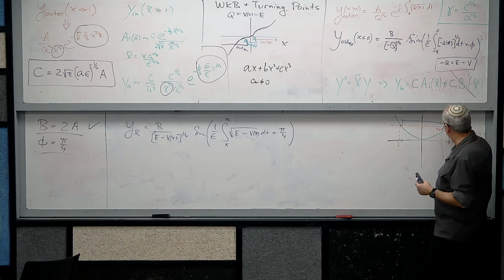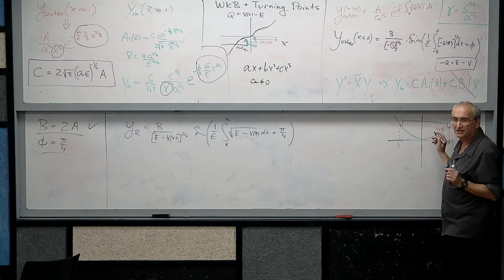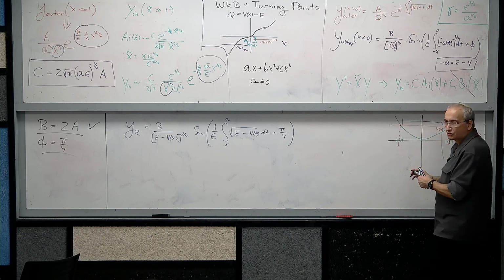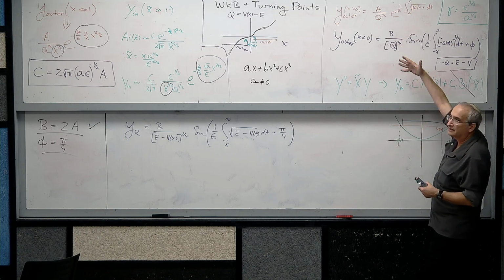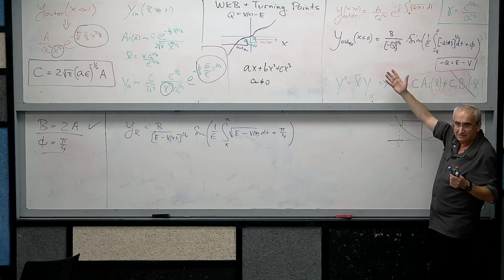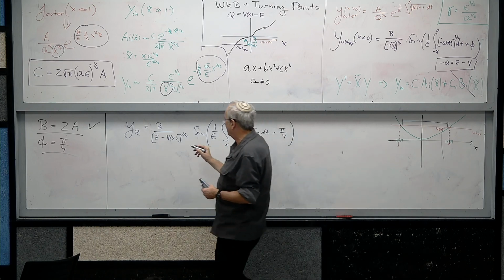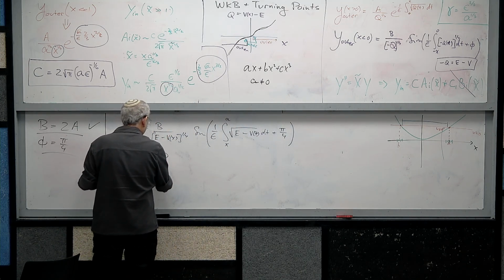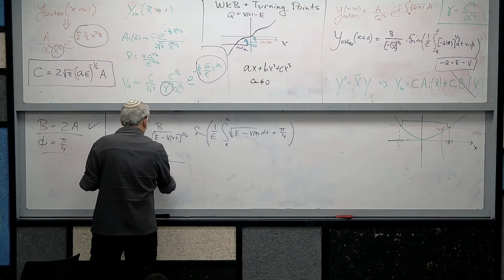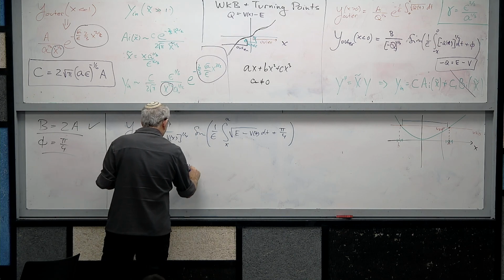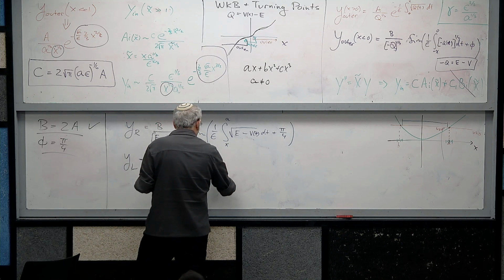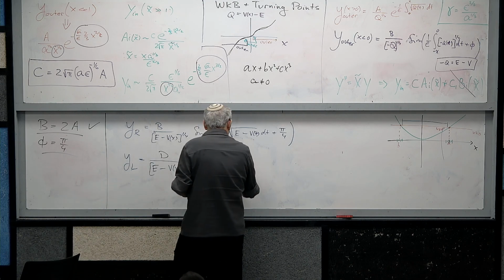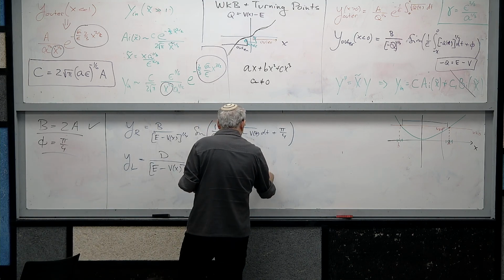No matter, I mean, it doesn't depend on the symmetry of the potential. I can do it for a non-symmetric potential. Doesn't matter. All that I did, because I didn't specify V of x, right? So I can write y left. Y left will be D, say, divided by E minus V of x to the power of 1/4, sine of 1 over epsilon, an integral over square root of E minus V of t dt, plus pi over 4.